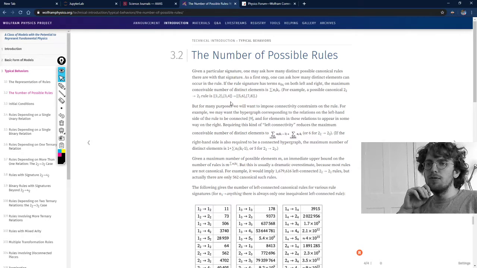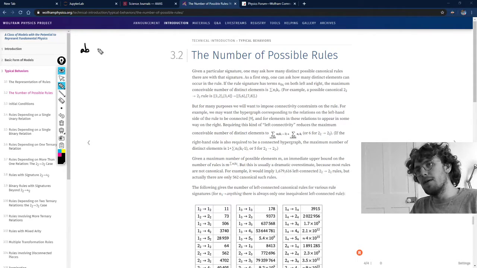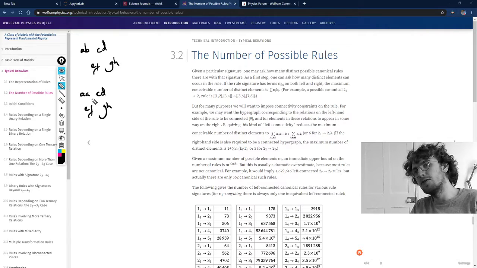So is this saying that this encapsulates all possibilities where we've got A, B, C, D goes to E, F, G, H, and then we can start doubling some up, so A, C, D, F, G, H.